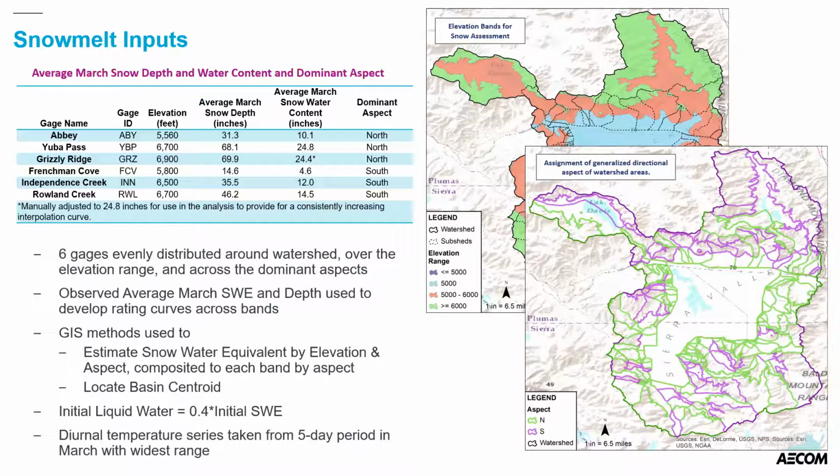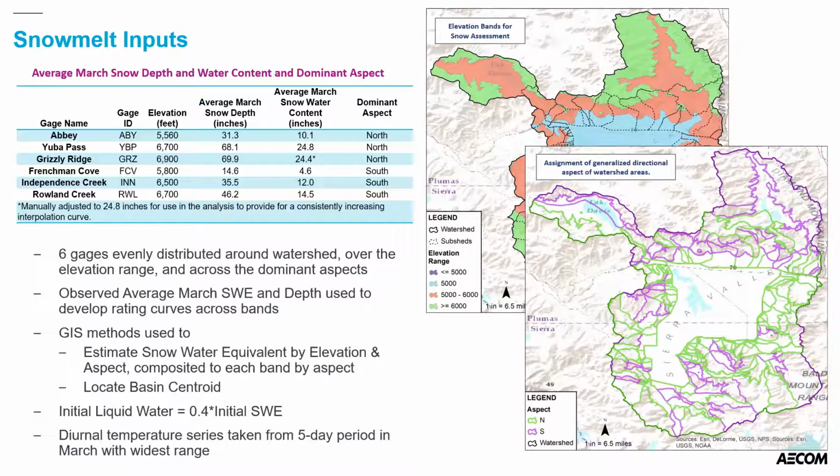We also need parameters for lapse rate, melt rate, cold rate, and a temperature indice. Those we actually adopted from the previous study. They were provided into that study by the Cold Regions Lab of the Army Corps of Engineers. So the experts gave us that data, so we kept it. It proved to work well for us.